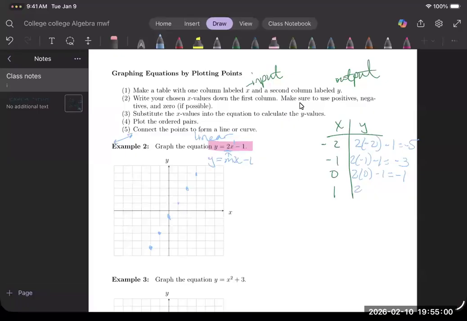And let's check. 2 times 1 minus 1 is 2 minus 1, which is 1. So we end up with the point 1, 1. All of our points again are -2, -5; -1, -3; 0, -1; and 1, 1. Then we can just connect the dots. Hopefully yours is much prettier than mine, but voila.